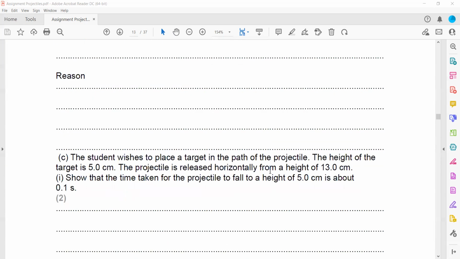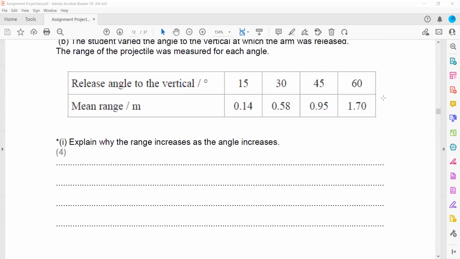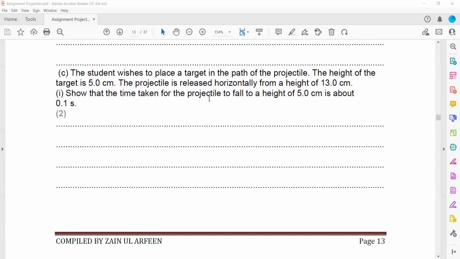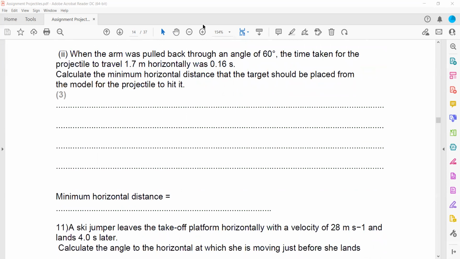So when the angle is 60, it covers 1.7 meters. That is the total range, and it took 0.16 seconds. And remember, it is launched from a height of 13 centimeters or 0.13 meters.